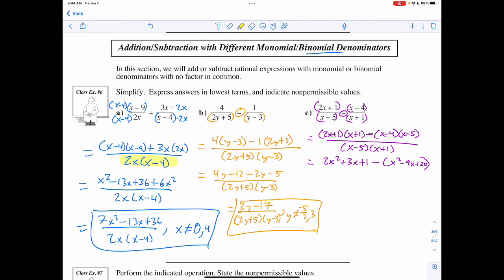You got to be really careful here because once again, that negative is going to apply to all three terms inside of here, which is why anytime you have a subtraction, you need to leave the product in brackets.